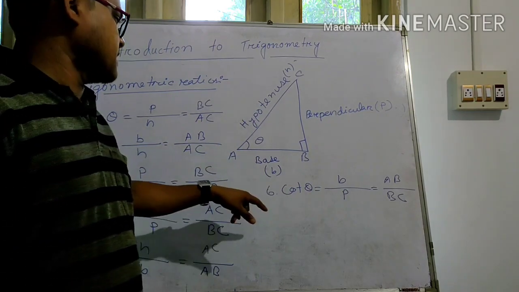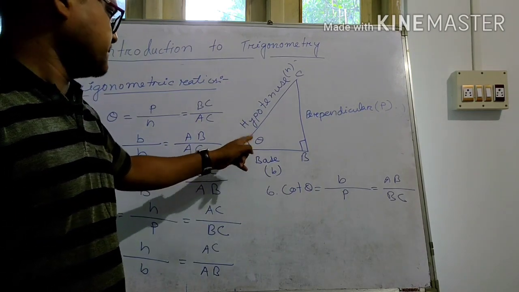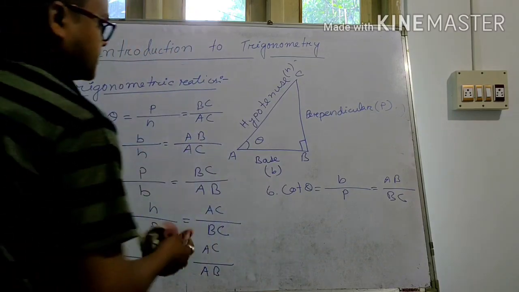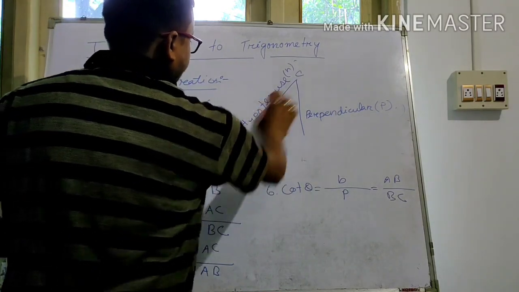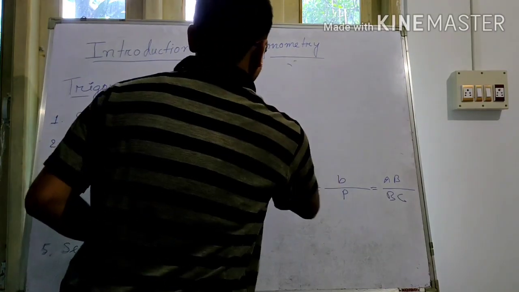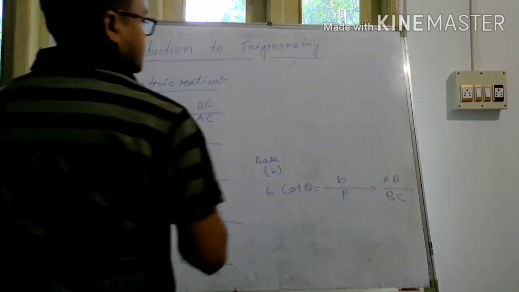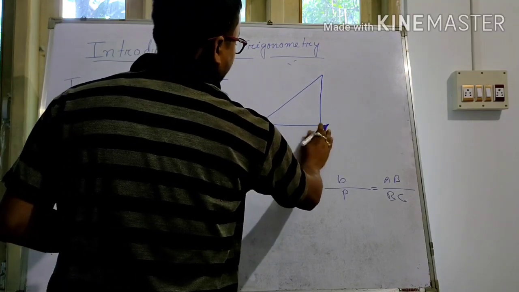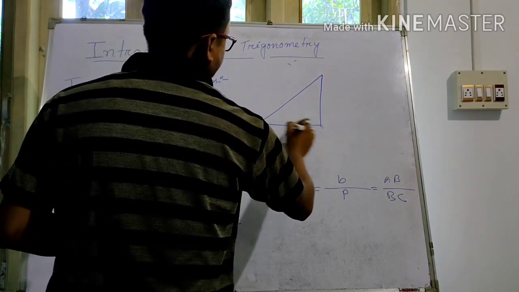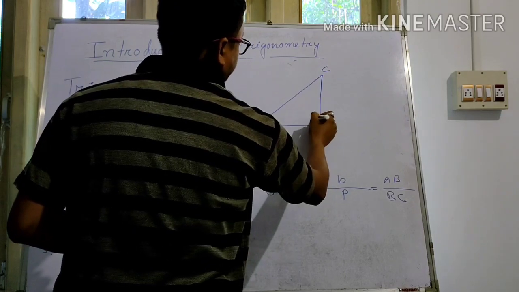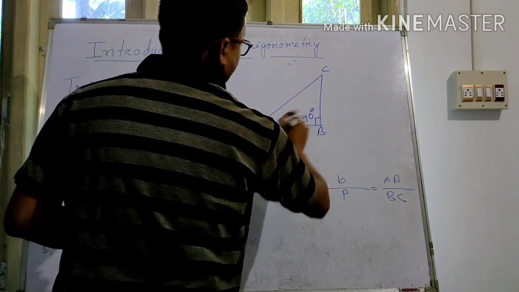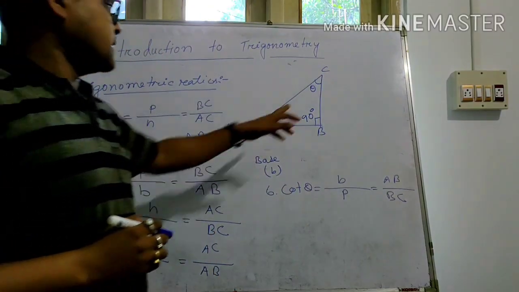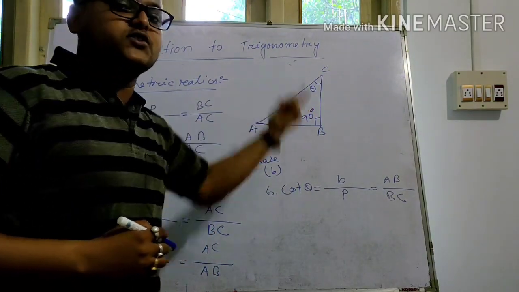So you always remember where theta is located. Suppose for another case, you take another triangle. Suppose this is ABC. Here it is 90 degrees. You have to find this theta. So if this is theta, what is your base?